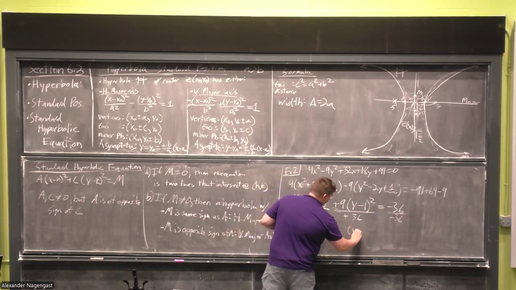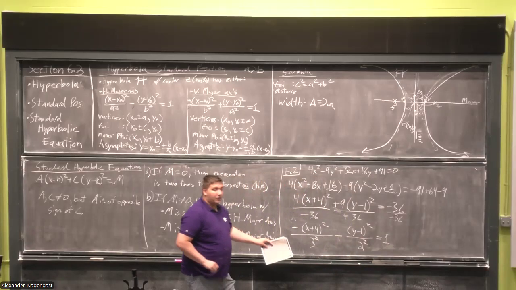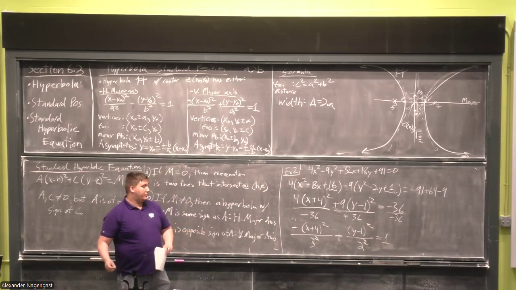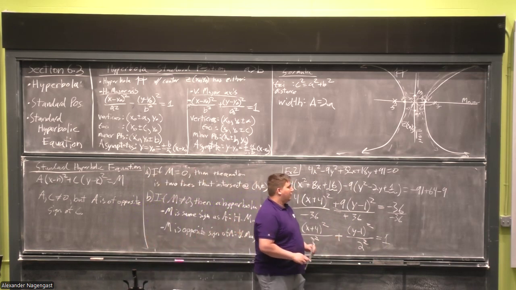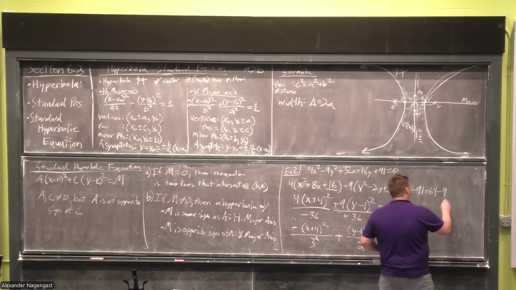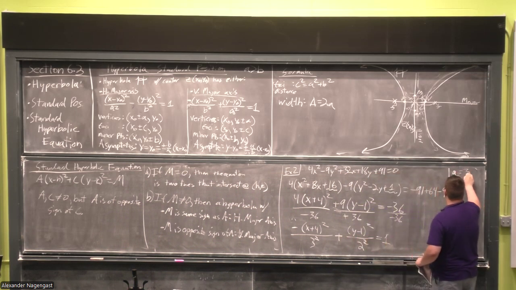So we're going to have (y minus 1) squared divided by 4, which is 2 squared, is equal to 1. Now again, I wrote it in terms of 3 squared, 4, and 2 squared because now we have our a, we have our b. We can write down all of our information over here. So our a is equal to 3, our b is equal to 2.